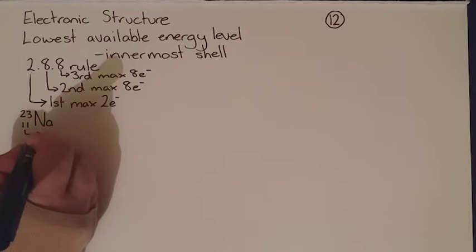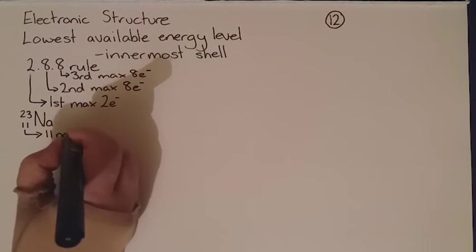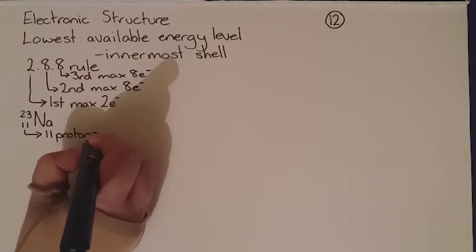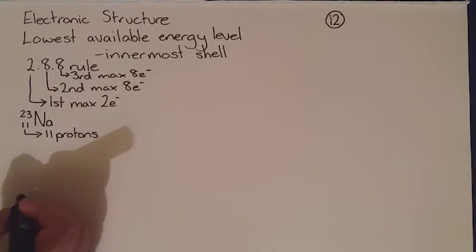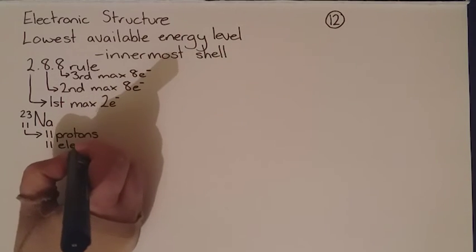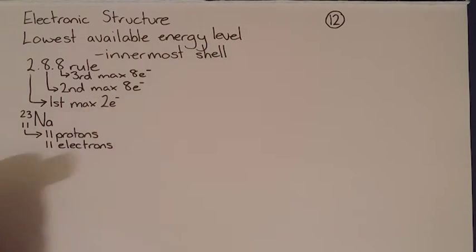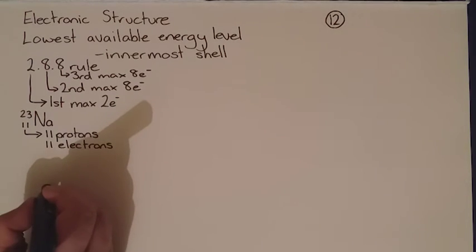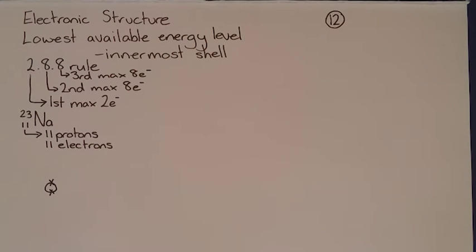Sodium has an atomic number of 11, which tells us it has 11 protons. Because in an atom, protons equals electrons, we therefore know that sodium has 11 electrons. Let's start putting them on shells. The inner shell will take 2 electrons and be full.